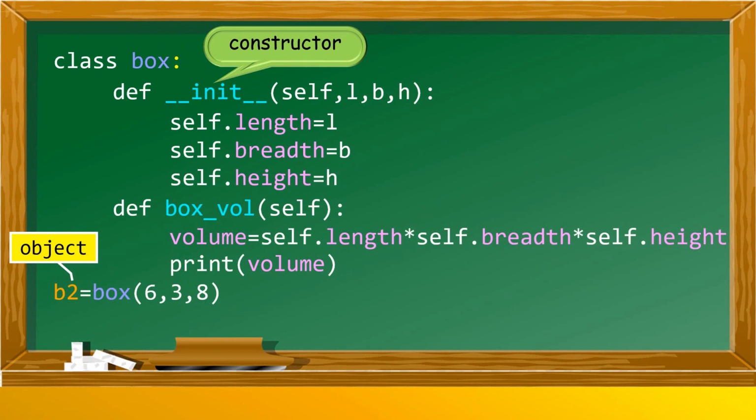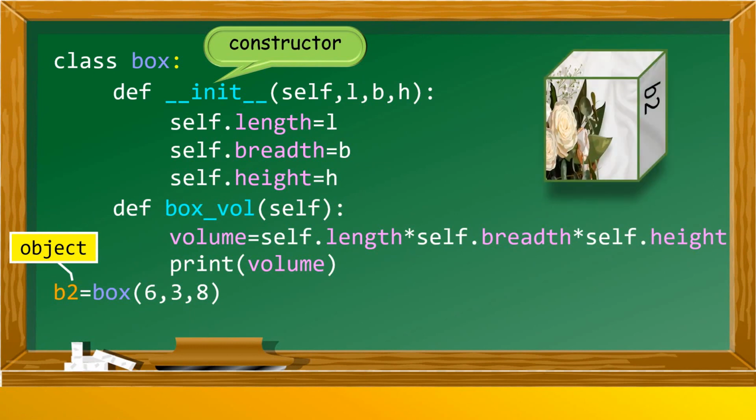During that process, the values given over here, 6, 3, 8, are passed to the parameters L, B, H. And these values 6, 3, 8 will be stored in self.length, self.breadth and self.height. Look at the object B2. It has length 6, breadth 3 and height 8.